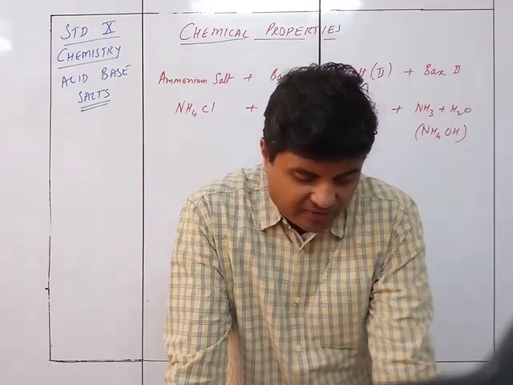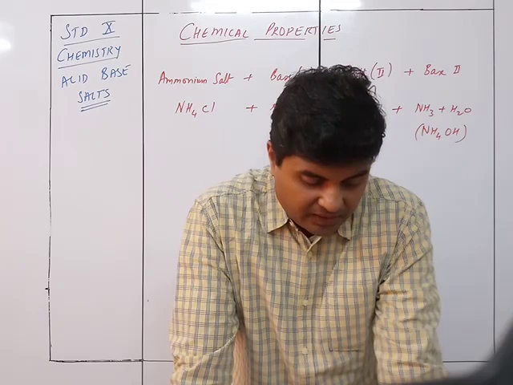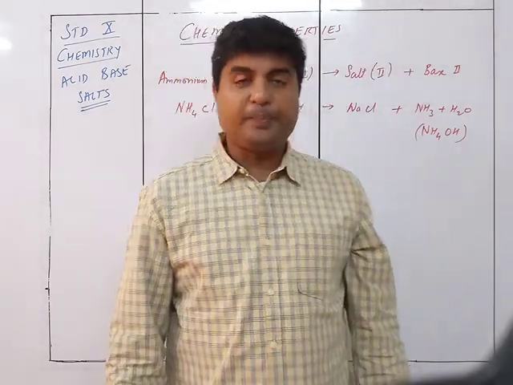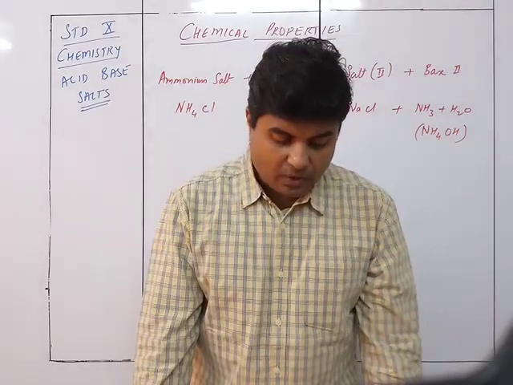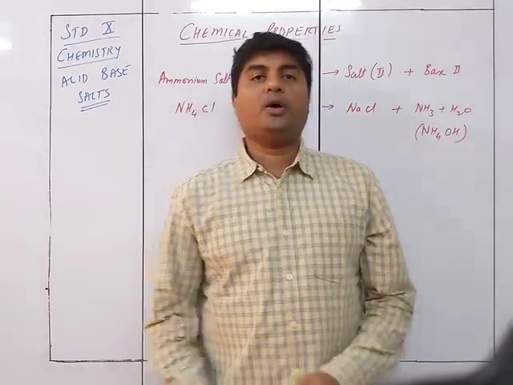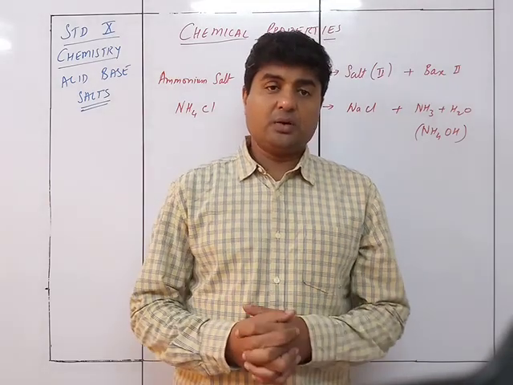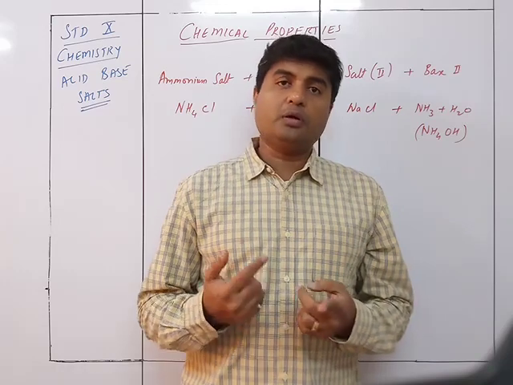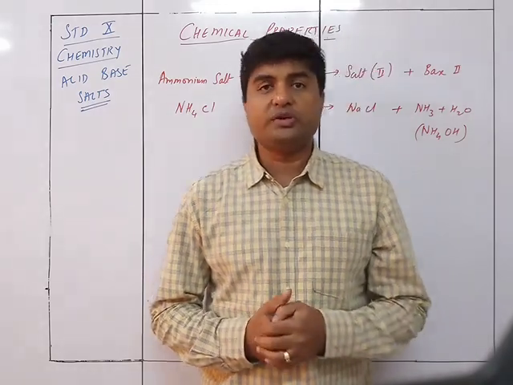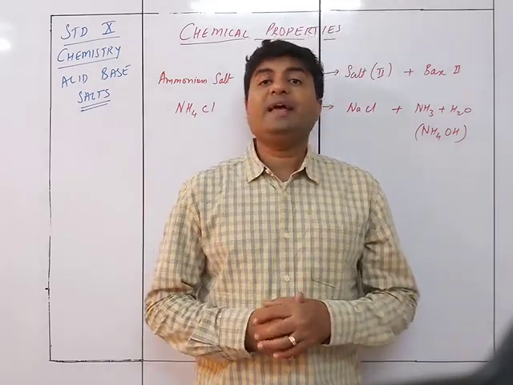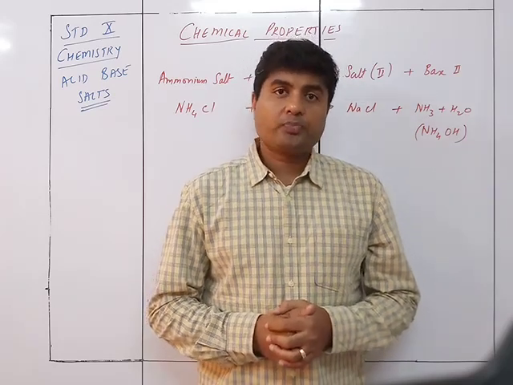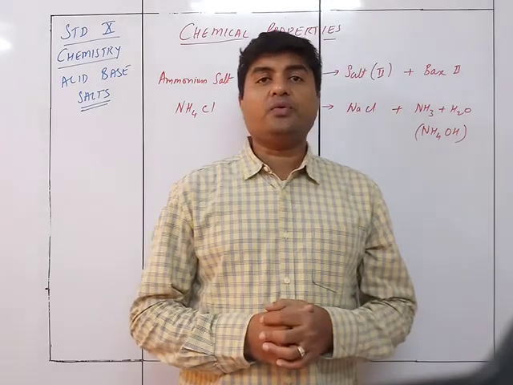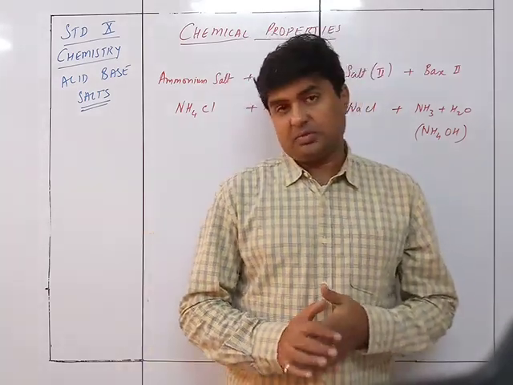The next chemical property is that alkalis react with certain metallic salt solutions to precipitate. Now this is one of the most important points of bases. Especially the two bases NaOH, the non-volatile one, and NH4OH, the volatile one, when they react with salts, form the respective metallic hydroxides.